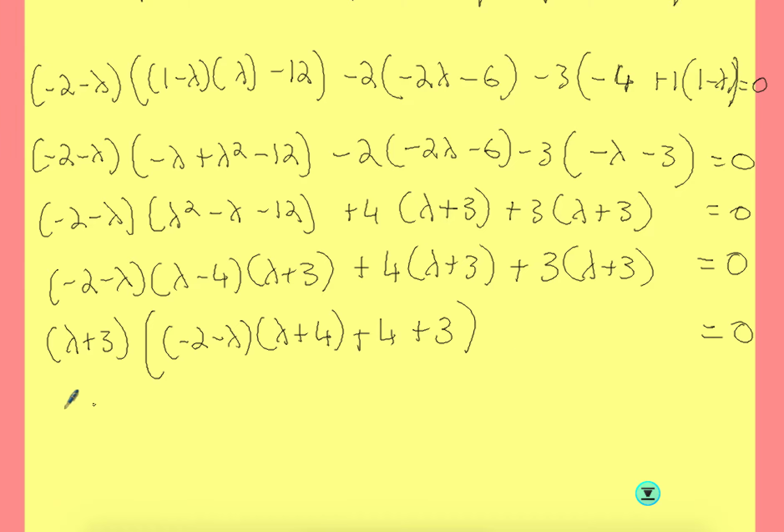You sort this stuff out in here. So it's negative 2 lambda, take away 8, take away lambda squared, take away 4 lambda, plus 7 is equal to 0.